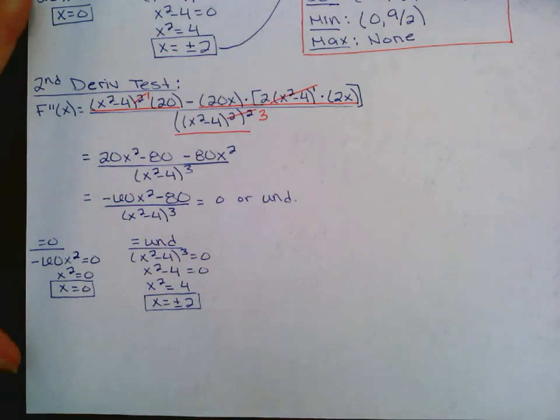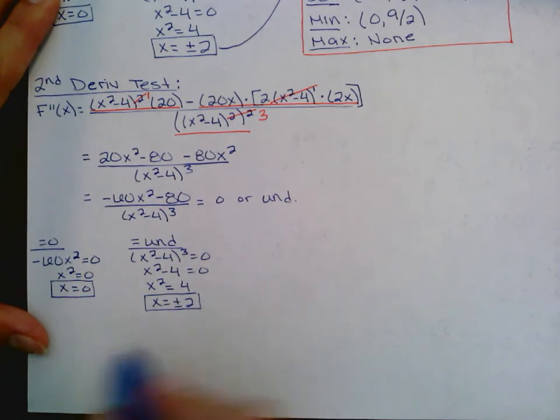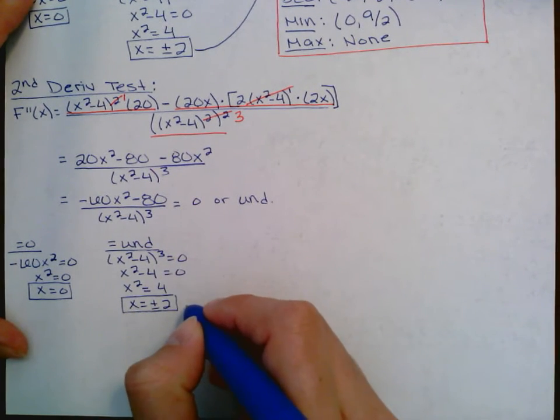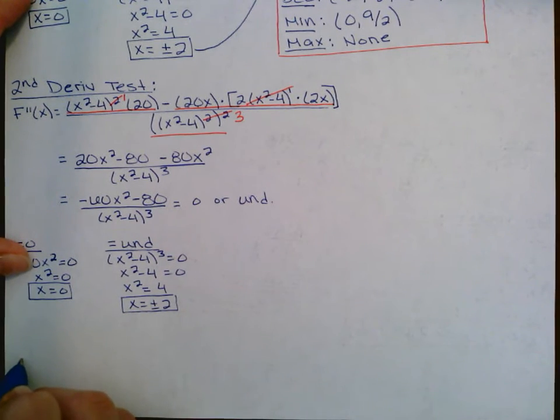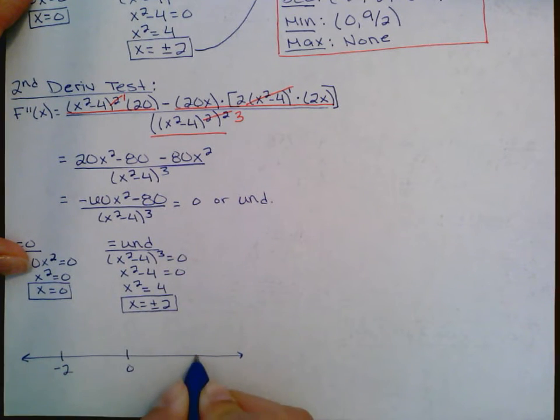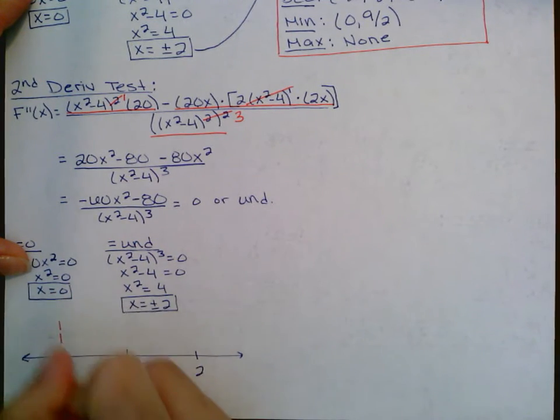So now I'm going to do my number line. Let's come up here. Actually, I'm going to do it right here. Okay. So I have negative 2, 0, and 2 as my possible points of inflection. But again, I remember that -2 and +2 were asymptotes.